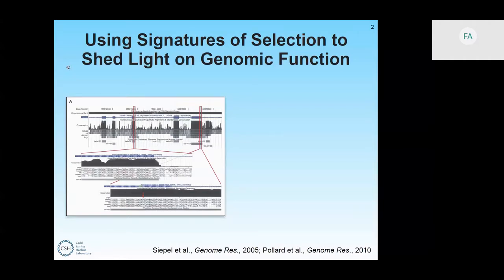So for those of you who don't know, this is a method that measures evolutionary conservation based on alignments from multiple mammalian or non-mammalian vertebrate genomes. It's based on a statistical phylogenetic model combined with a hidden Markov model, and we call the combination phylo-HMM.